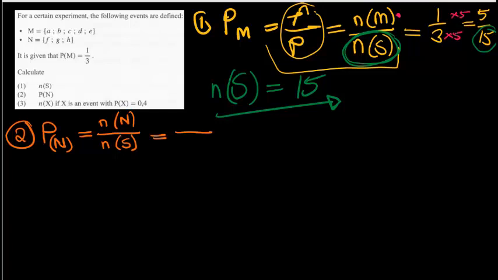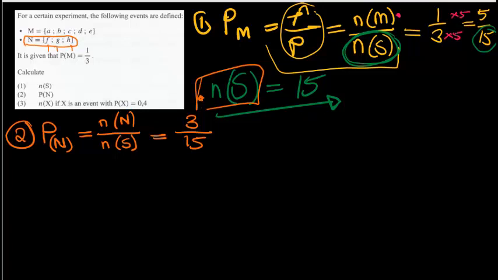I just calculated it here: NS is equal to 15. So I want a fraction with a denominator of 15. Let's have a look. I'm going to go back to my N category and count 1, 2, 3. So my options in N is 3 and my denominator is 15.